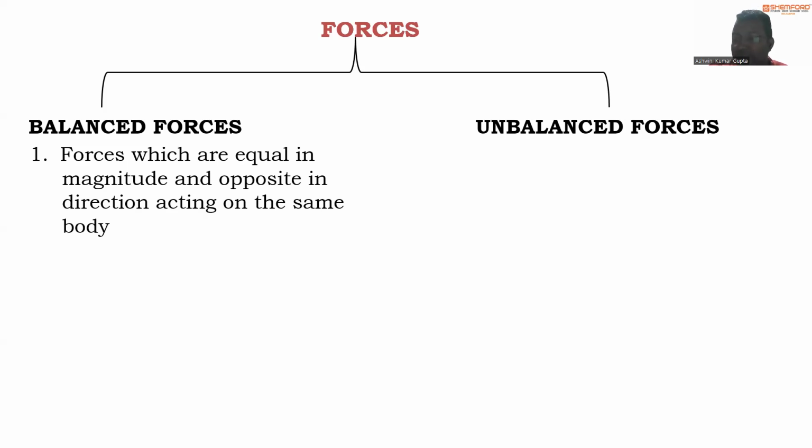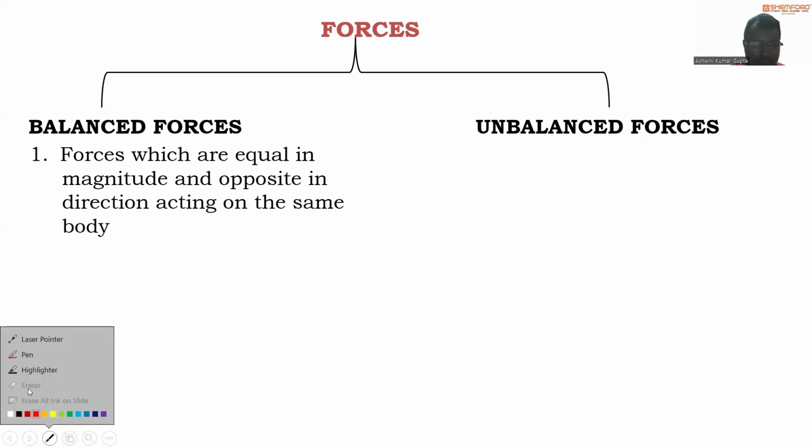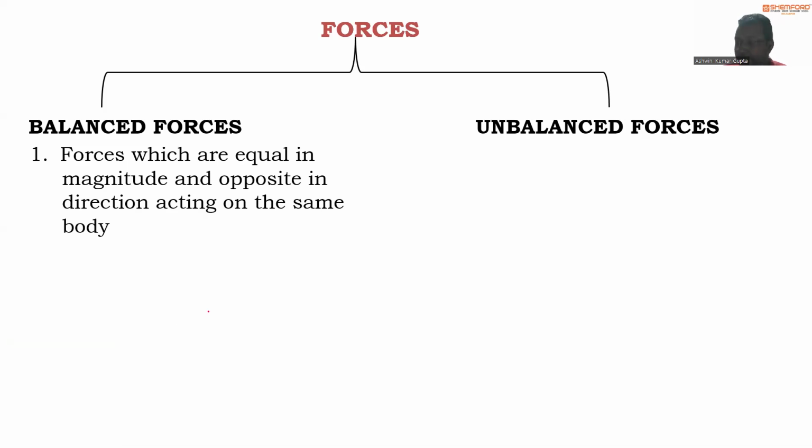For example, we are having this situation. A body is there, and on this body, multiple forces are acting in random directions, right? Suppose this is 20 Newton of force, this is 10 Newton of force, and this is 30 Newton of force. Now, what is happening here? The forces are acting in random directions.